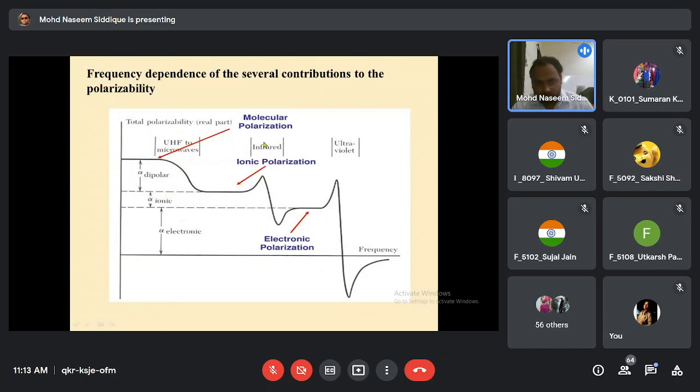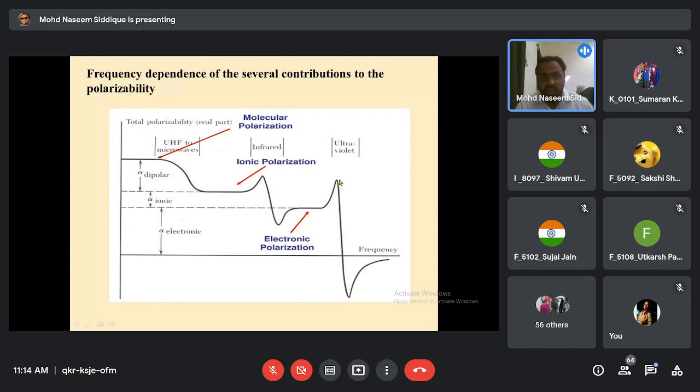At the infrared we get two kinds of polarizability, ionic plus electronic. Then the ionic polarization ceases as we increase the frequency towards the ultraviolet or the optical region, and finally in the optical region we get only the electronic polarization.